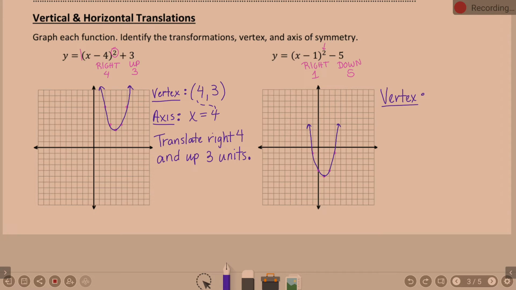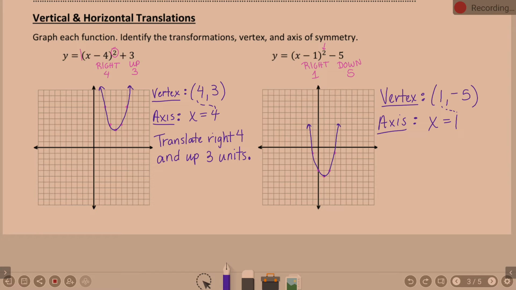Okay, what's my vertex on this one? 1, negative 5. Okay, we went right 1, down 5 for 1, negative 5. What's that axis of symmetry? X equals always the first number of the vertex, so x equals 1.